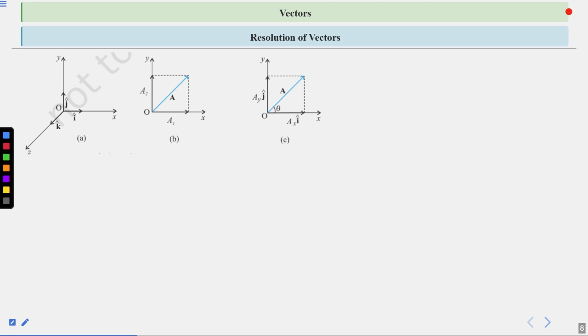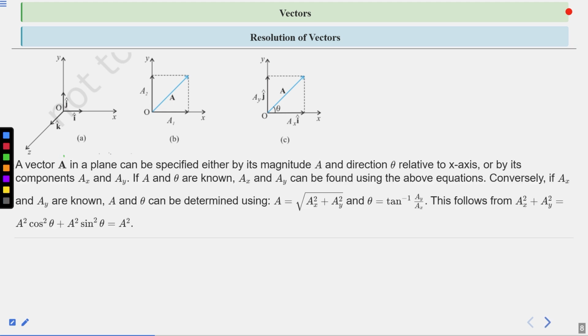Now, a vector A in a plane can be specified either by a magnitude A and direction theta relative to the x-axis, or by its components, that is Ax and Ay. If A and theta are known, Ax and Ay can be found using the above equations.